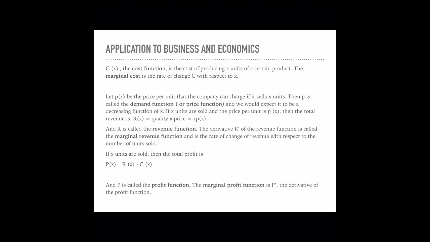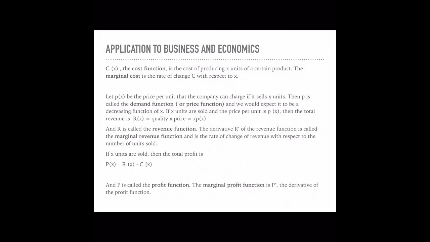If x units are sold and the price per unit is P of x, then the total revenue is R equals to quantity times price. So, R is called the revenue function. The derivative R' of the revenue function is called the marginal revenue function.